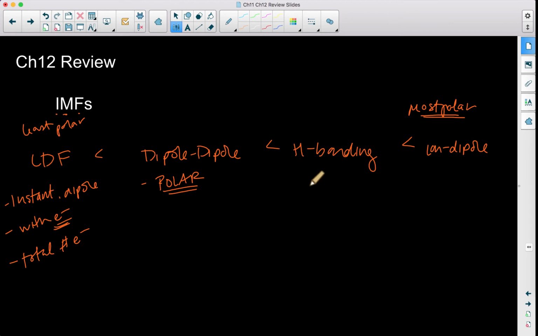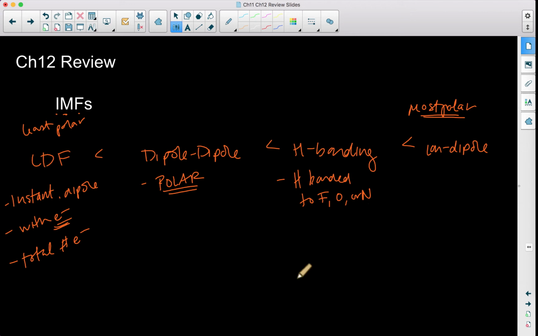Hydrogen bonding is like a very polar molecule, where the definition was we have to have a hydrogen bonded to an F, O, or N. Hydrogen must be bonded to an F, O, or N, and then that hydrogen is attracted to lone pairs on neighboring F, O, or N's.